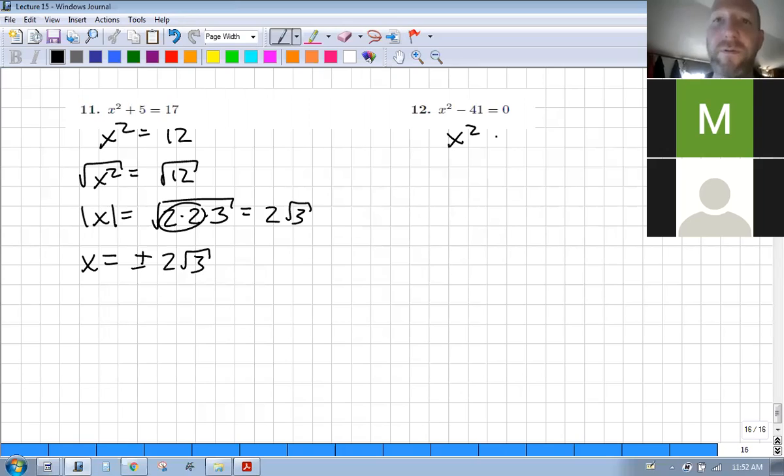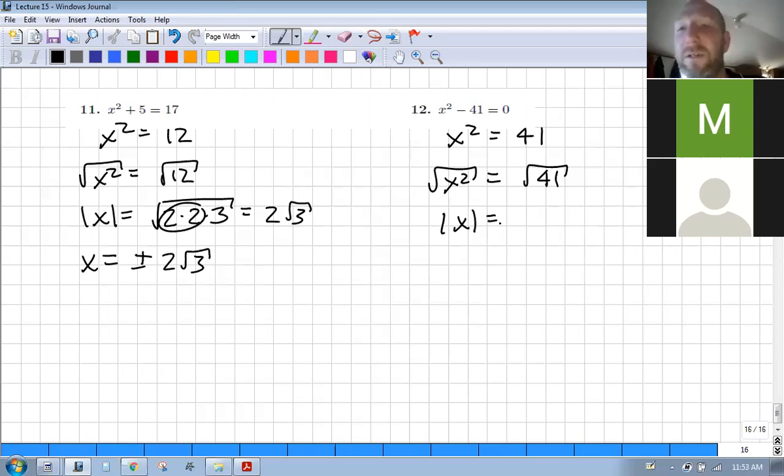For 12, we will add 41 to both sides. Square root. 41 is a prime number, so we can't really do anything with it. So x is plus or minus square root of 41.